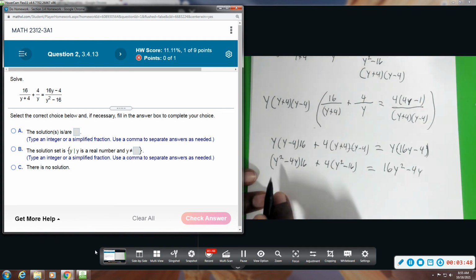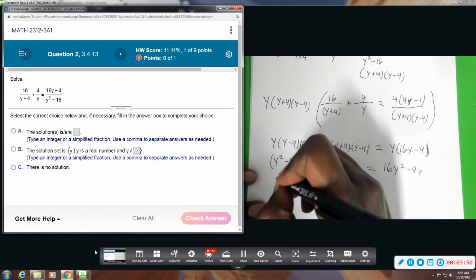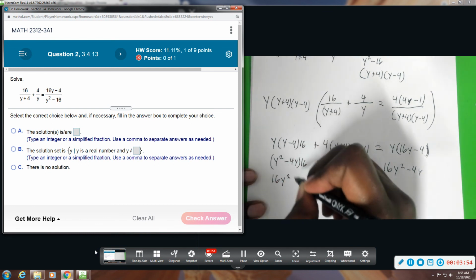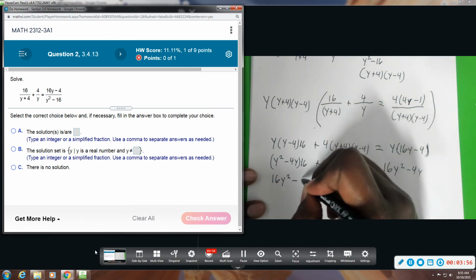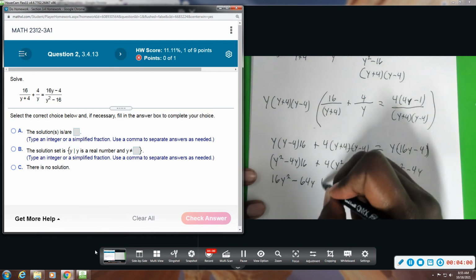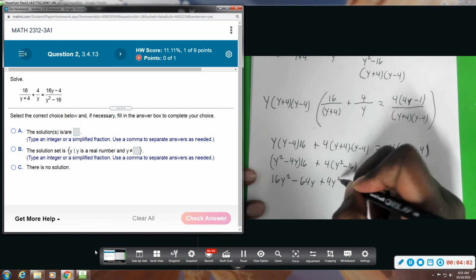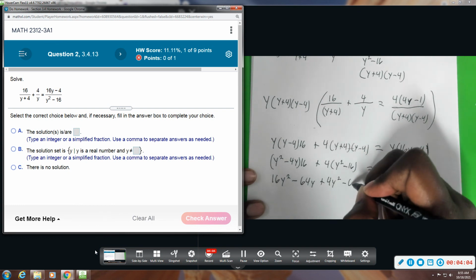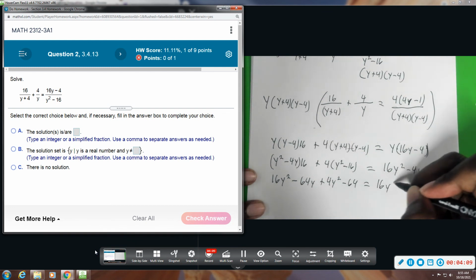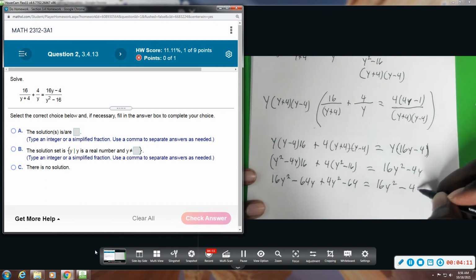All right, now we're going to distribute the last term. So we'll have 16y squared minus 16 times 4 will give us 64y. And then plus 4y squared minus 64 equals 16y squared minus 4y.